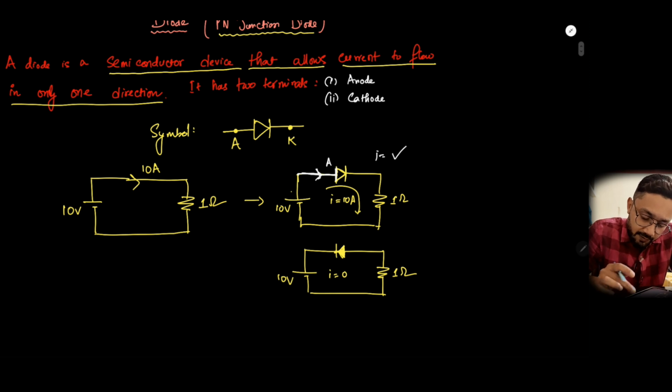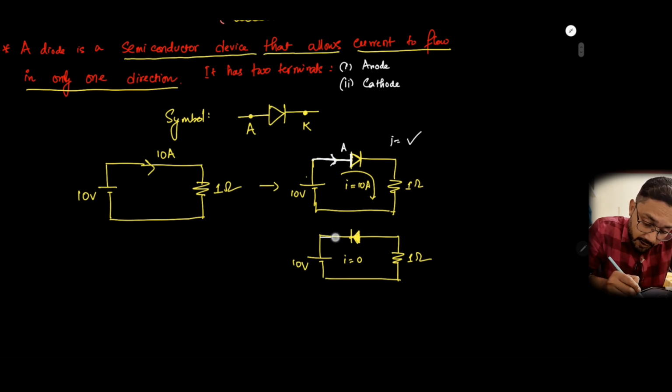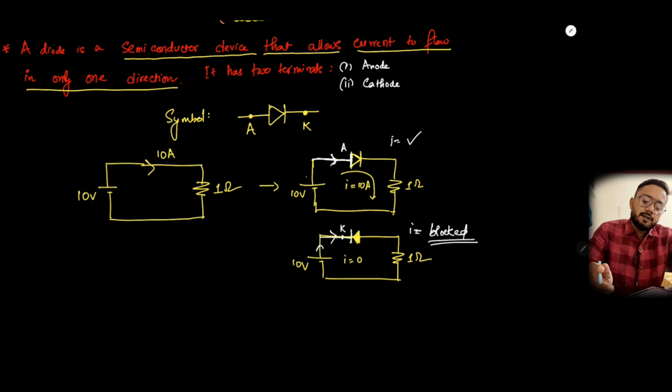However, if the current tries to enter through the cathode terminal, the diode will block the current. So basically the diode will allow the current to flow in only one direction, that is from anode to cathode, but cathode to anode current flow is not possible.